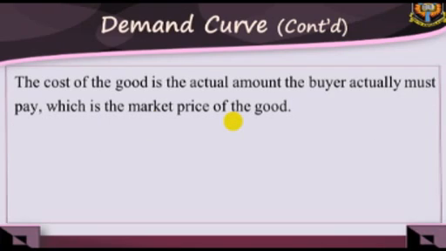The cost of the good is the amount the buyer actually must pay, which is the market price of the good. In most markets, different buyers have different reservation prices. Thus, when the good sells for a high price, it will satisfy the cost-benefit test for fewer buyers than when it sells for a lower price.